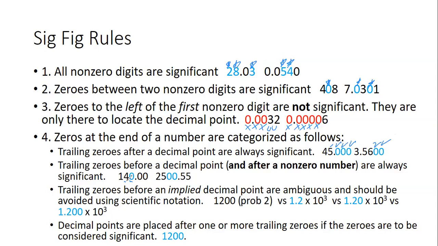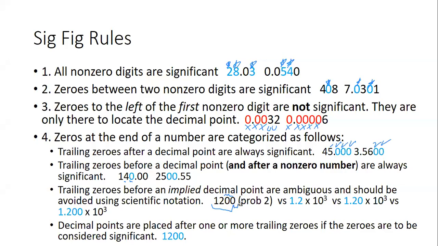And so when we are writing scientific notation, we have to be very confident of this, because let's take the number 1200, right? So these zeros may or may not be significant. The reason I'm saying they may not be is because there's no decimal point. If there was a decimal point right there, you could be 100% certain that those 2 zeros are significant.